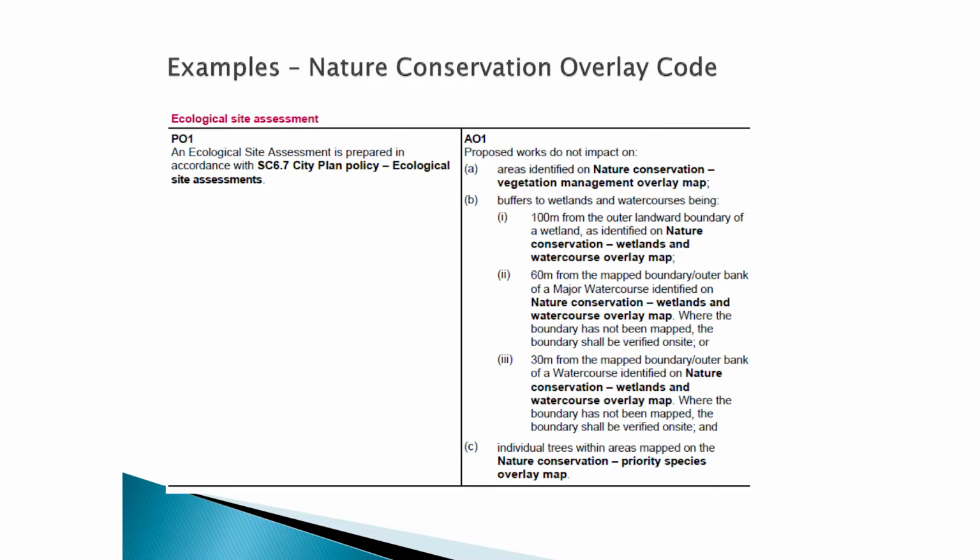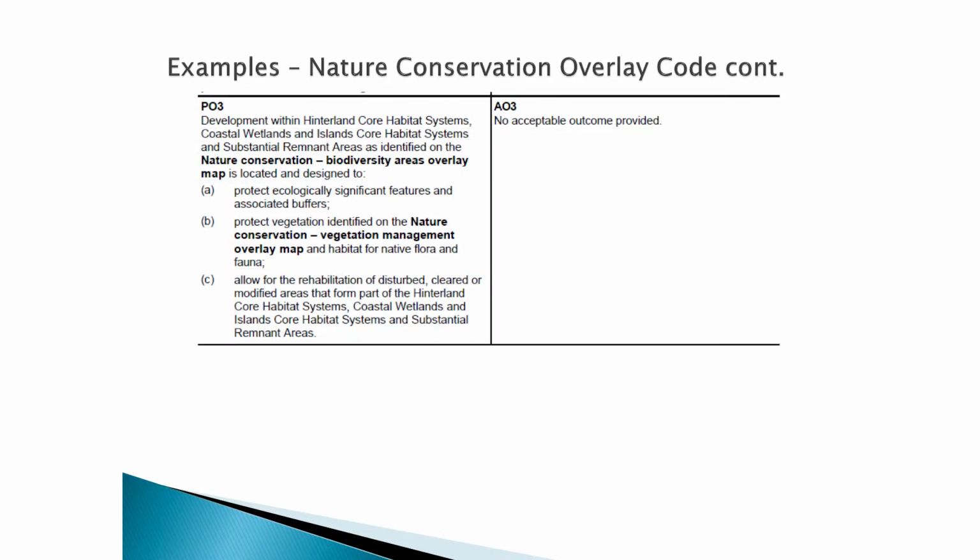I know it's only an acceptable outcome, and they're entitled to come up with alternatives, but you've got some pretty significant buffers in the Nature Conservation Overlay Code that this application just clearly doesn't meet. I think we're talking 30 metres from the Rang River and 10 metres from Bridge Creek. PO3, development within the hinterland core habitat systems were to protect the ecologically significant features and associated buffers.